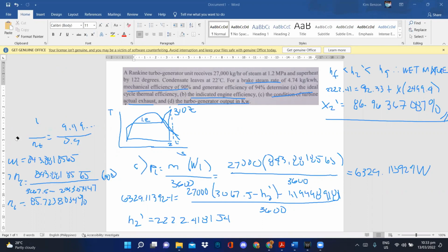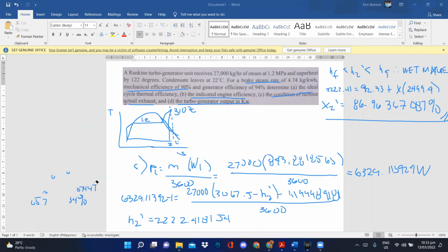So for the turbo generator output in kilowatts, let's delete this one. We have the formula in getting the power, which is equal to PI, your indicated power, multiplied by your mechanical power, multiplied by your generator power.